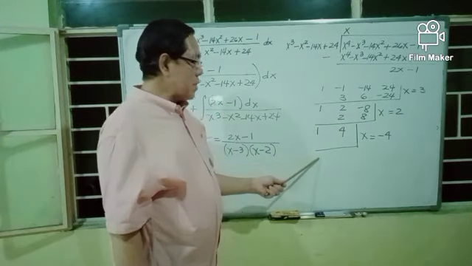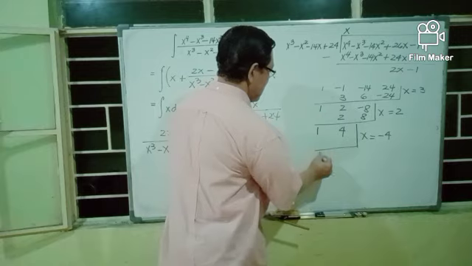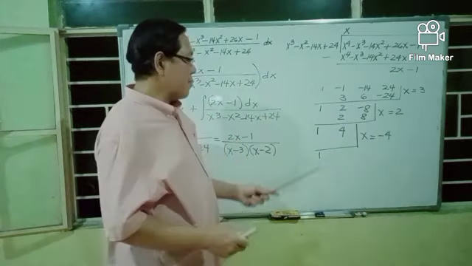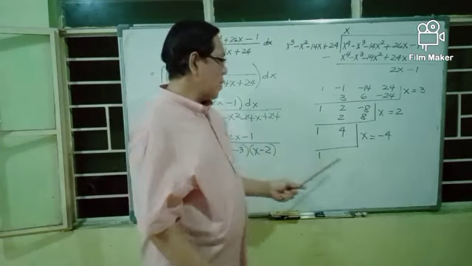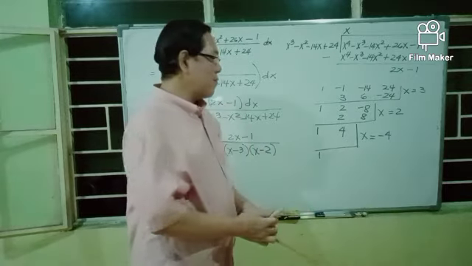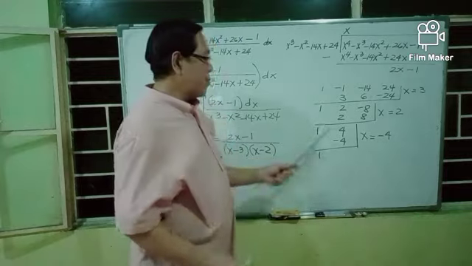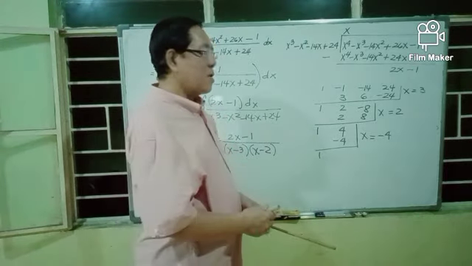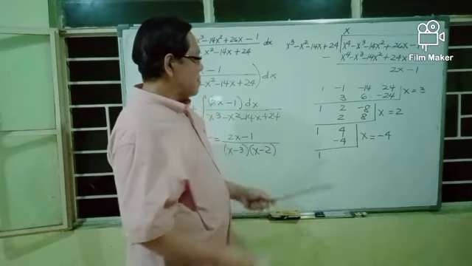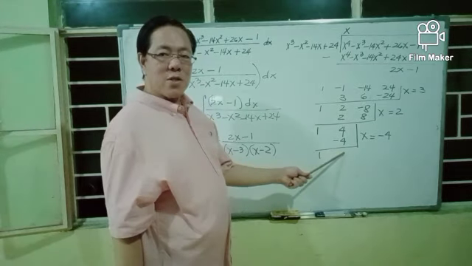Again, bring down the first number and multiply that by negative 4. 1 times negative 4 is negative 4. And you add 4 plus negative 4 is 0. So the last digit here is 0.